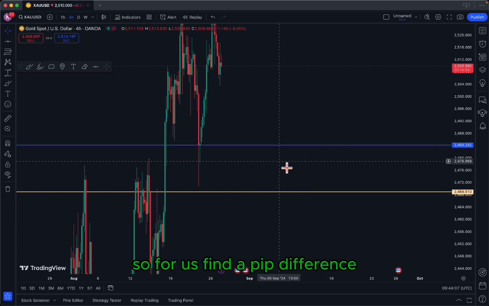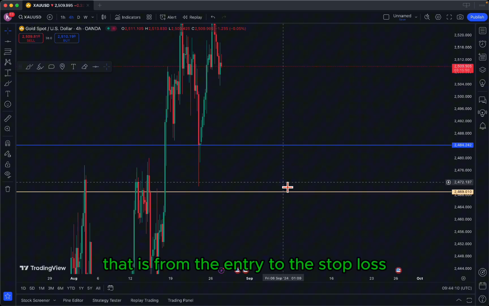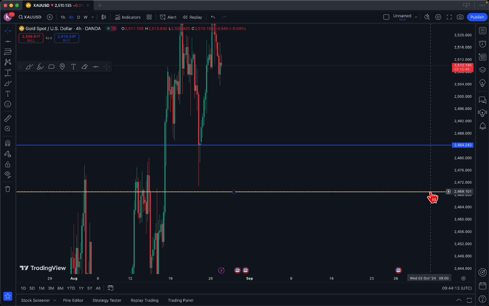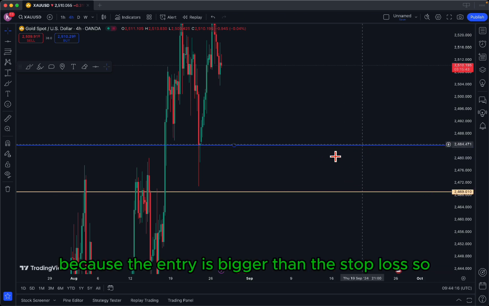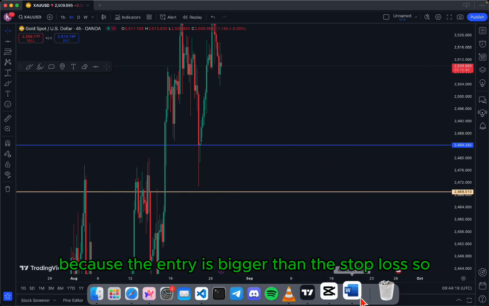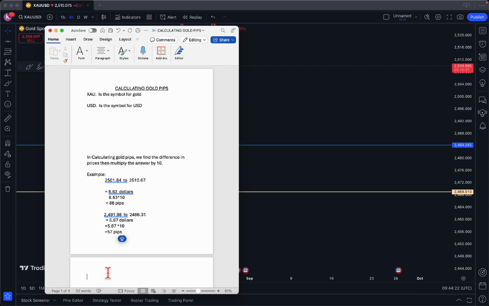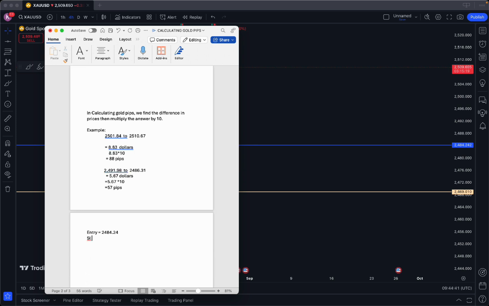So for us to find the pip difference, that is from the entry to the stop loss, we have to subtract the stop loss from the entry, because the entry is bigger than the stop loss. So for the entry, 2484.24, and the stop loss, 2469.01.